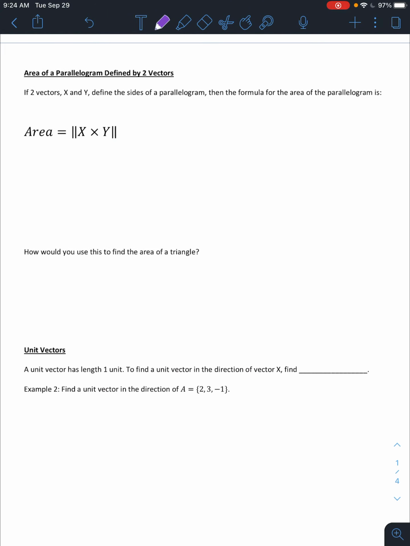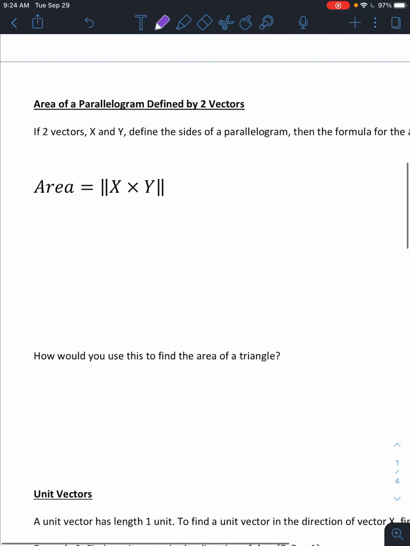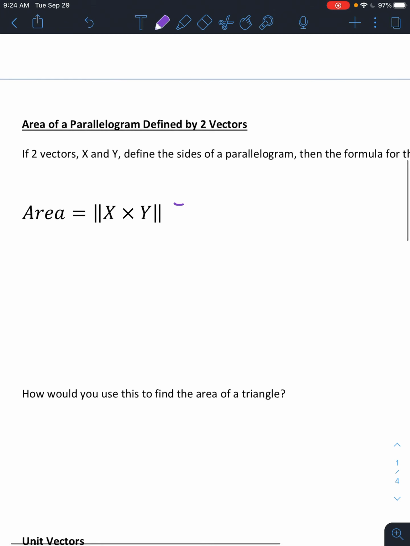One use of the cross product is to help us find the area of a parallelogram or a triangle. We might know the area of a parallelogram as base times height, right? But we're also going to say that it's the magnitude of the cross product of two vectors. So I'm going to draw a parallelogram here.